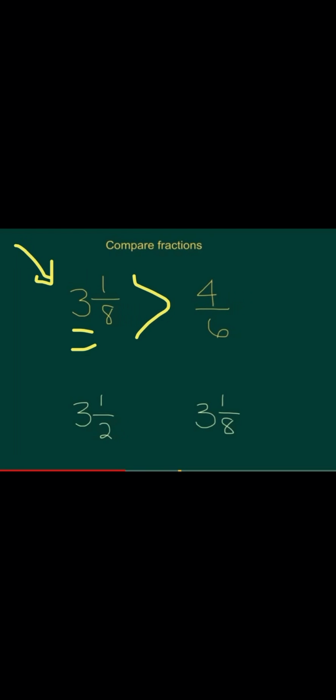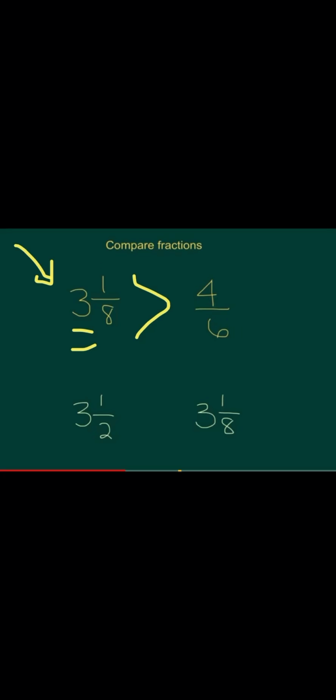It's only a number that is less than 1. So think with yourself, which one is greater? When we have 3 pizzas and some parts, or if I have 4 pieces of one whole pizza, only 4 pieces, you will go to the 3 and 1/8 because it has a whole number. It's greater than 1.